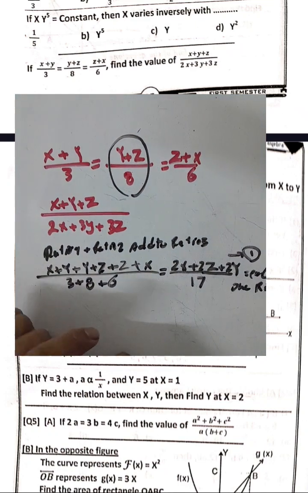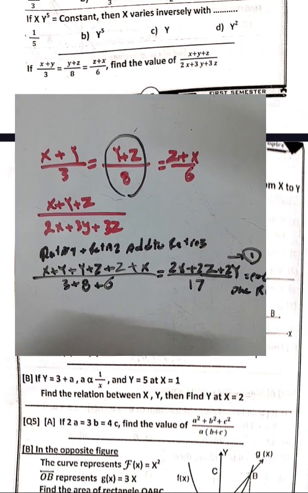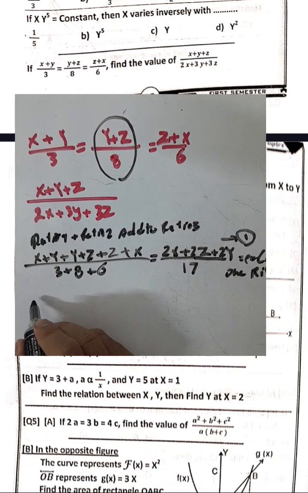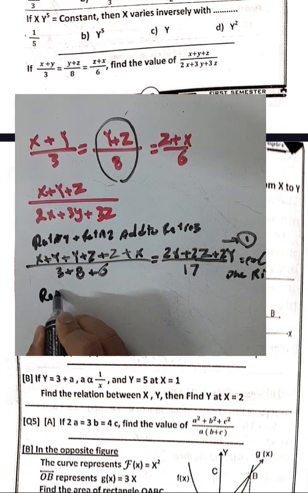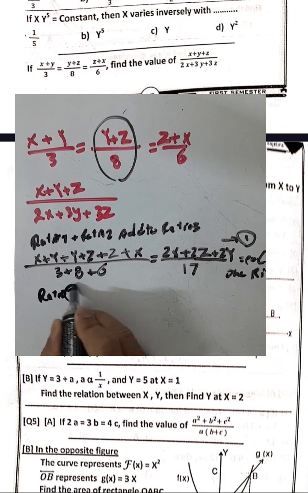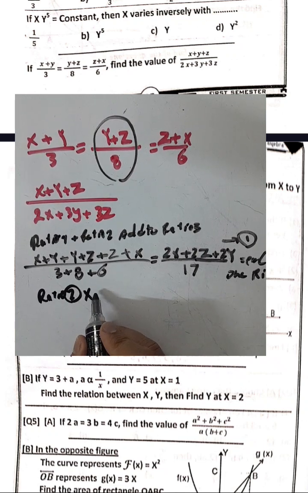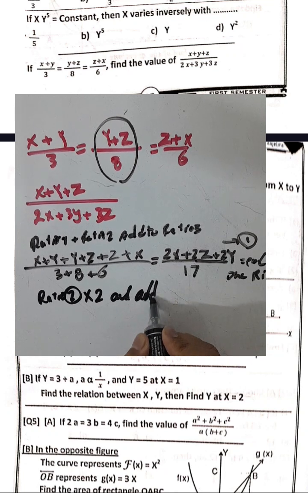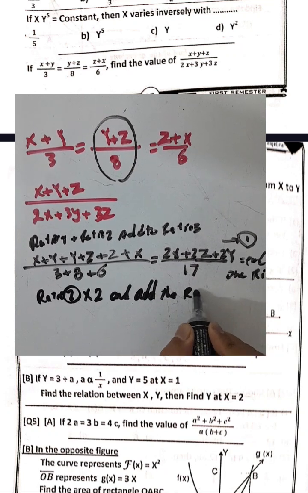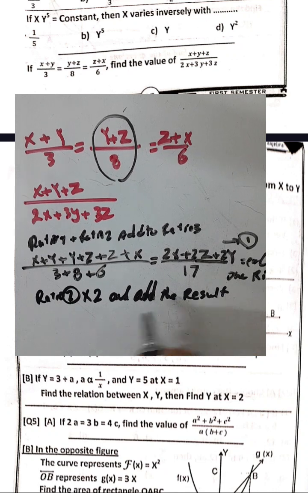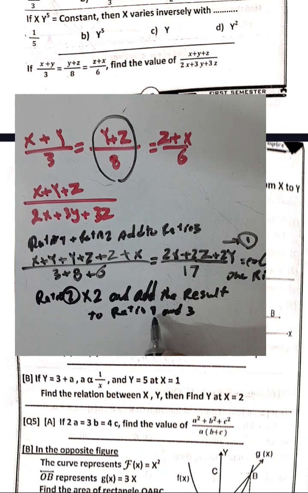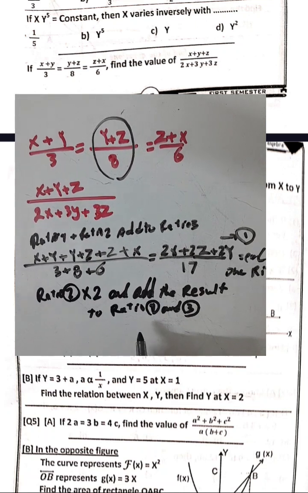Then write the step: ratio number 2 multiplied by 2, and add the result to ratio 1 and ratio 3.